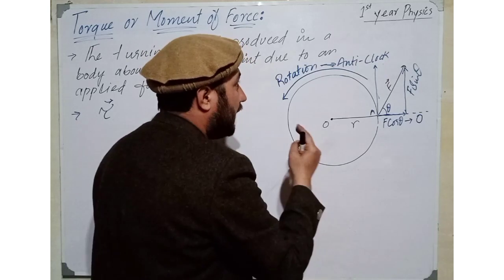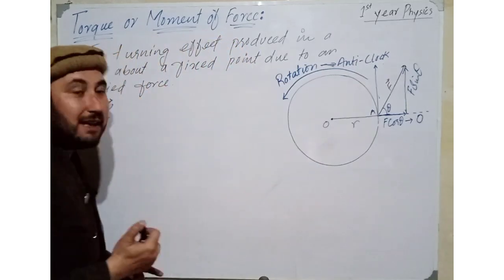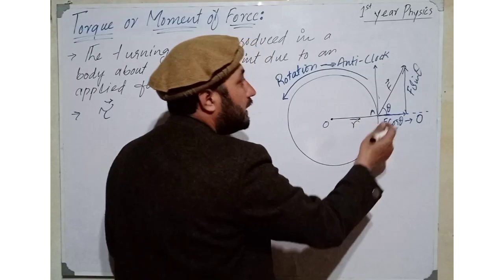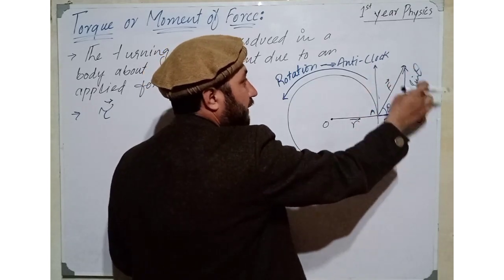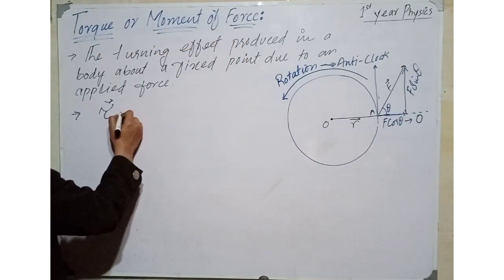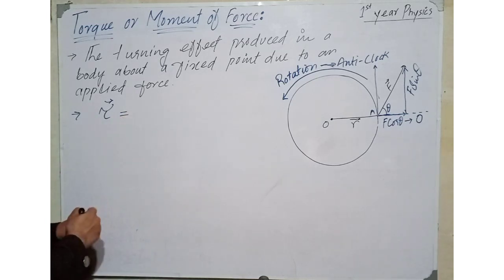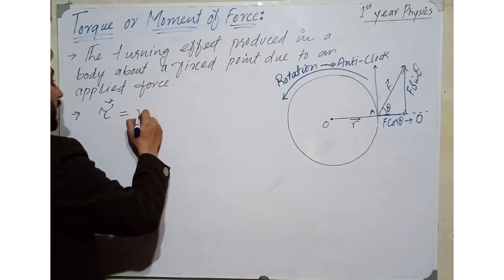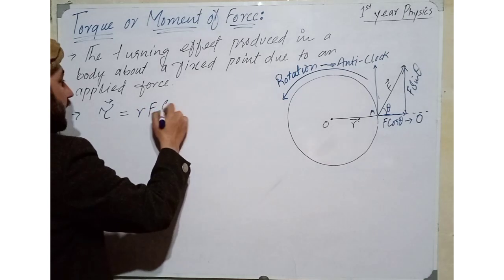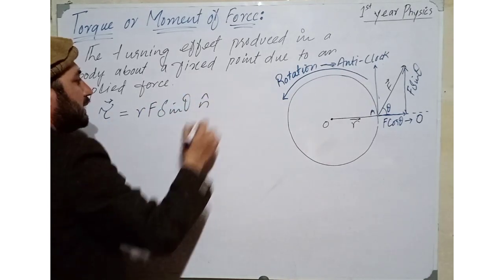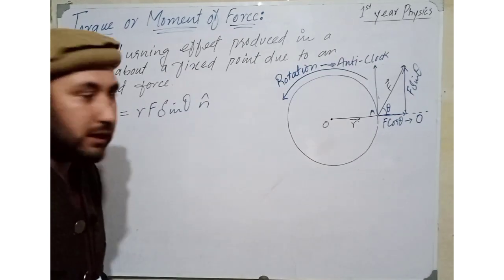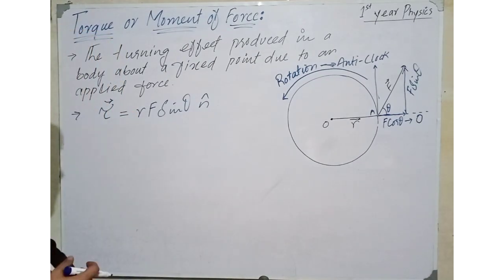So the two variables that define torque are the moment arm r, and the component of force perpendicular to the moment arm, in this case F sin theta. So torque will be equal to r times F sin theta, and as it is a vector quantity, let us write a unit vector in order to represent its direction.